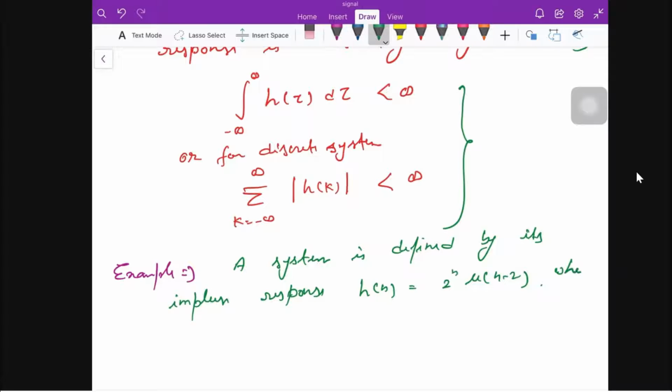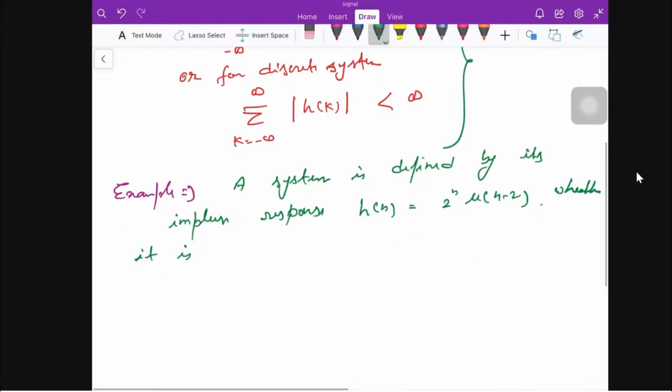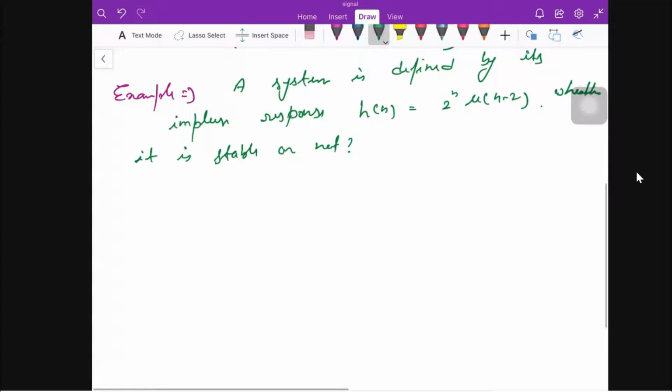Now whether it is stable or not. So you have to find out if this system is given, whether this system is stable or not.